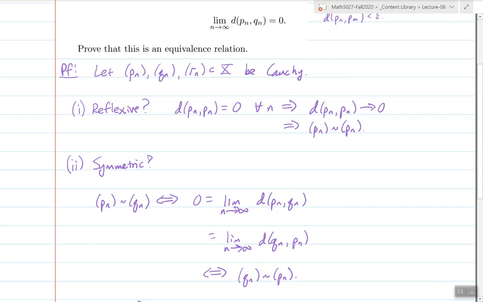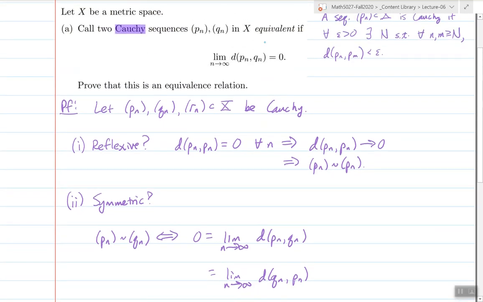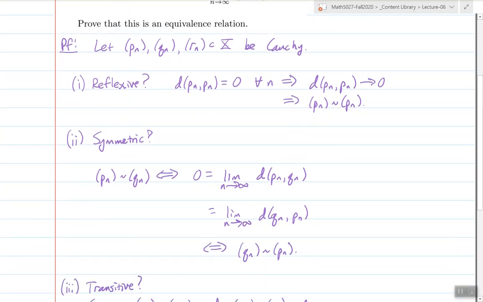Then I need to check if this property has a reflexive, a symmetric, and a transitive property, because if it does, then it defines an equivalence relationship. Even if I have two Cauchy sequences that look different, if this property holds, I can consider them equivalent. The reflexive property is pretty straightforward.